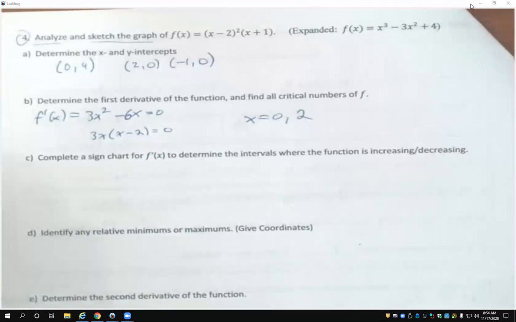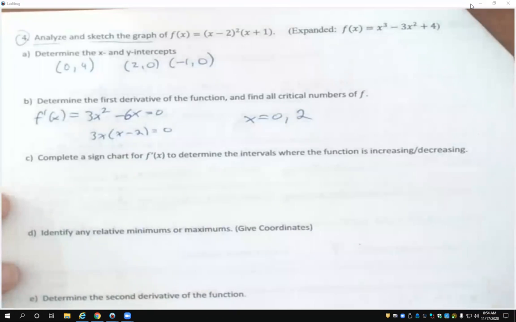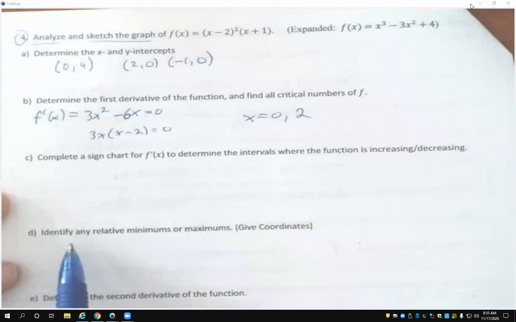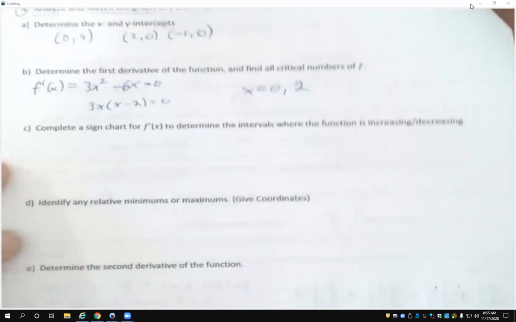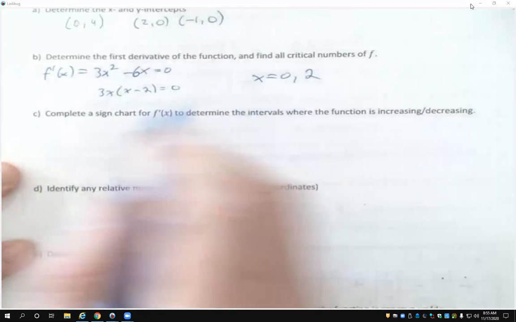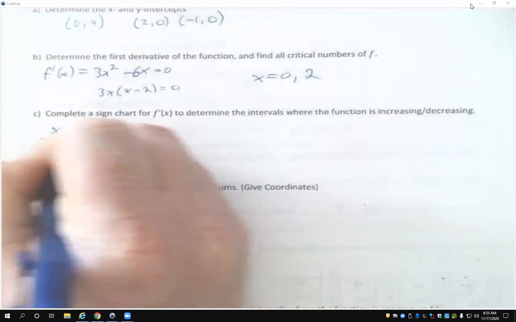Part C says complete a sign chart for f prime of x to determine the intervals where we are increasing and decreasing. And obviously in our sign chart, we're also going to find where we have relative mins and maxes and identify those points. So we have critical numbers at 0 and 2. So we have x, f prime, and f.